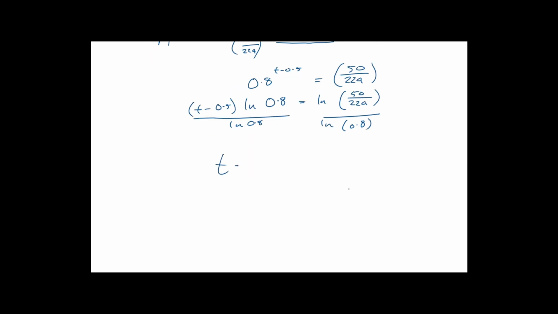So t is going to be equal to this horrible thing here, all of this, plus 0.5. So natural log of 50 over 224 over log of 0.8 plus 0.5.